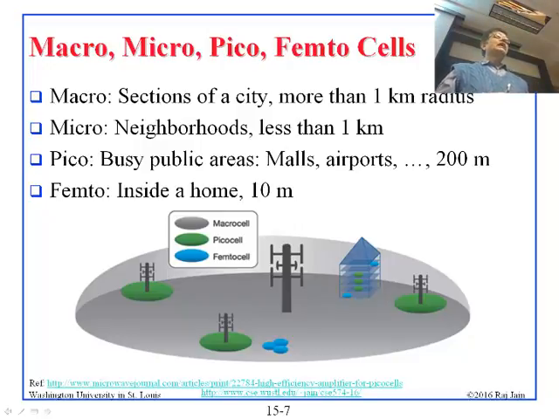And femto cells, actually, I do have one in my home. I was just thinking whether it is a femto or not. But I don't think it is a femto. But basically what happens is, if you call your phone company and say that the signal is not very good, and if you're living in a suburb or something like that, where of course they don't have towers, then they will give you this thing which they have given me, that you put near your window.